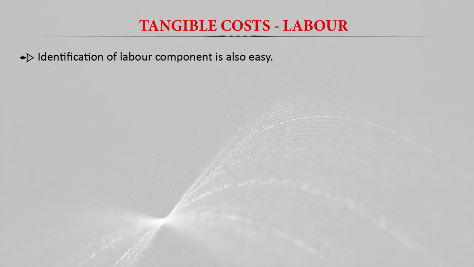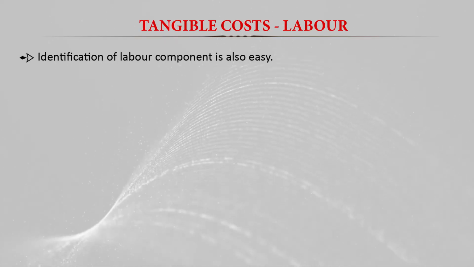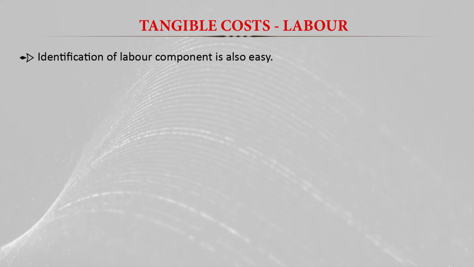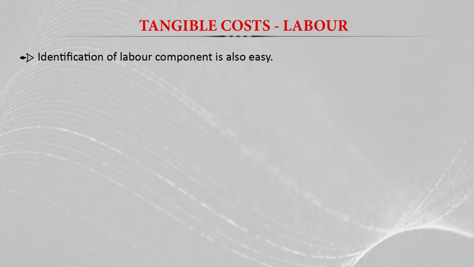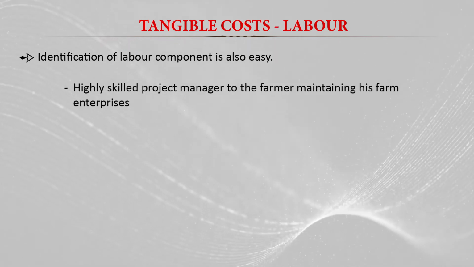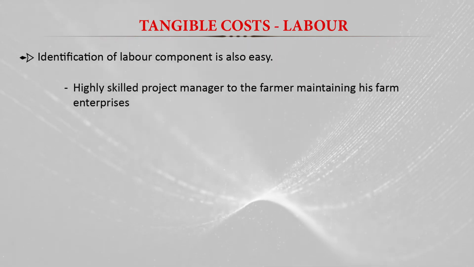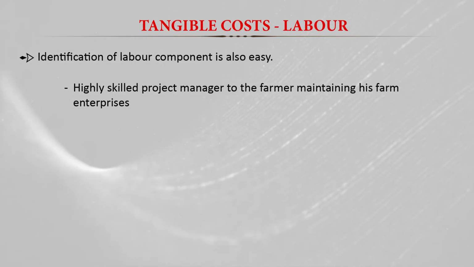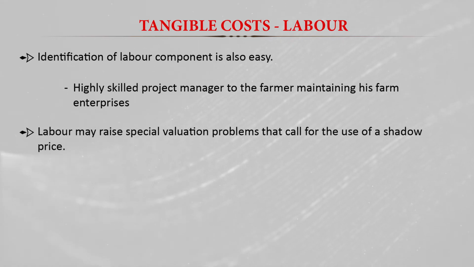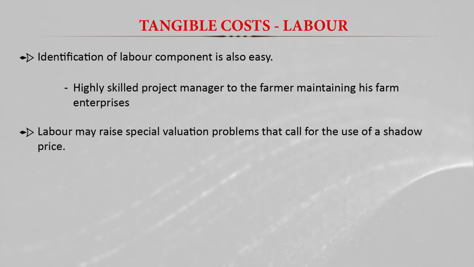Another example of tangible cost is labor, and here again we can easily identify the labor cost employed in a project. We generally use different types of labor in a project, from a highly skilled project manager to farmers maintaining their farms. Labor may raise special valuation problems that call for the use of shadow prices.